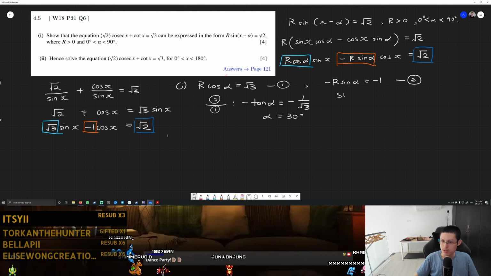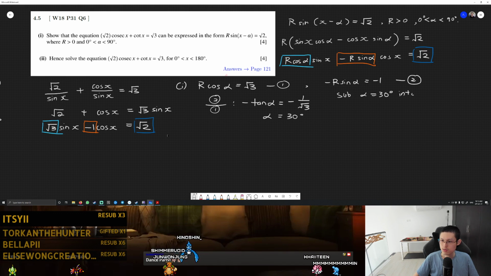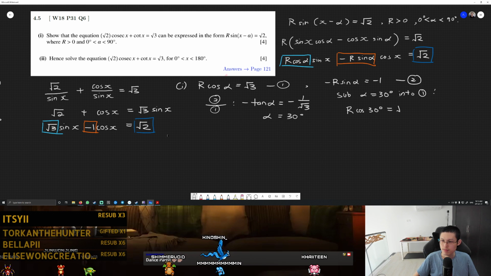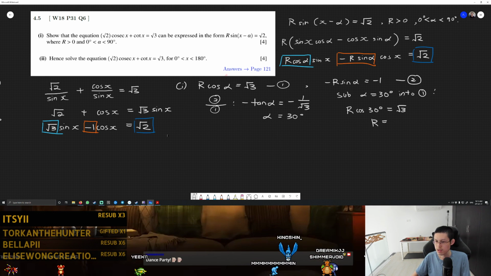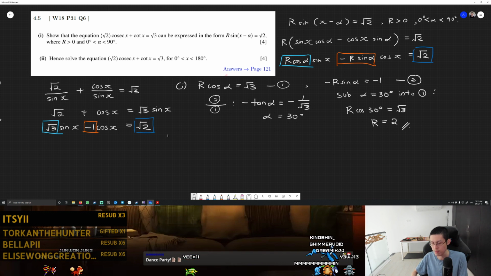Now we're going to substitute alpha is 30 degrees into 1. Okay, so r is going to be 2.